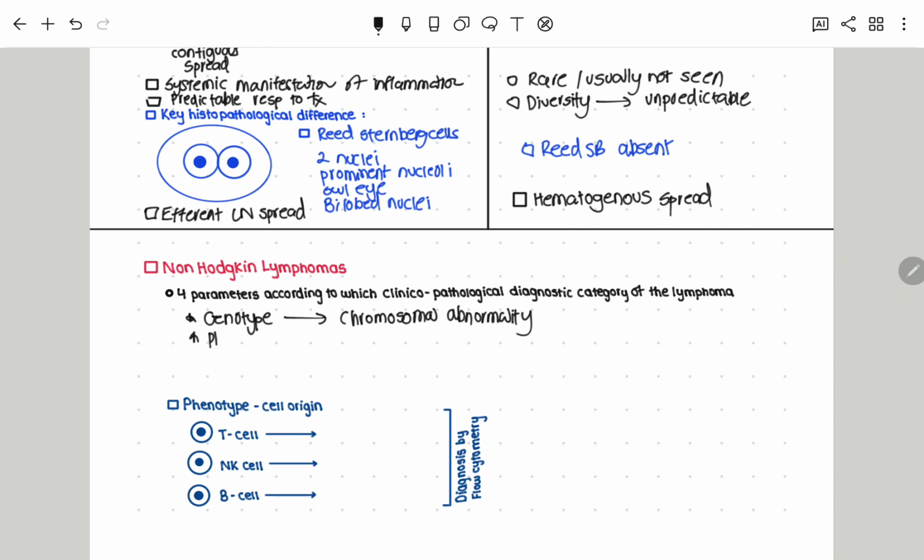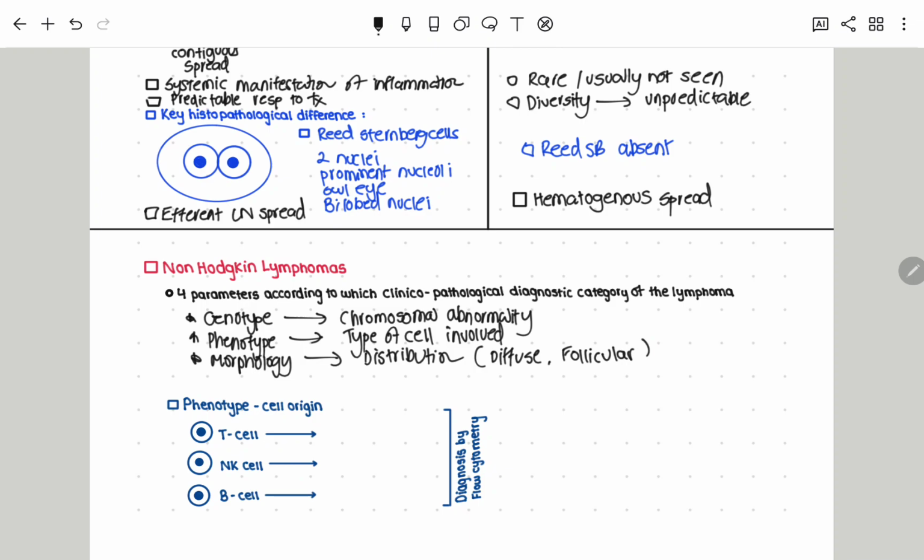We're going to talk about the phenotype, which basically means we're going to discuss the type of cell involved. We're going to talk about the morphology, in which case we discuss the distribution of the malignant cells, for example, whether they're diffuse or follicular. I'll explain what these terms mean in just a bit. And then, of course, we're going to have to mention some clinical features as well.